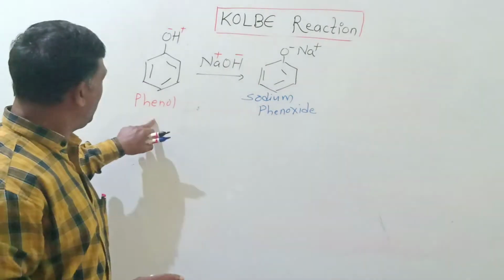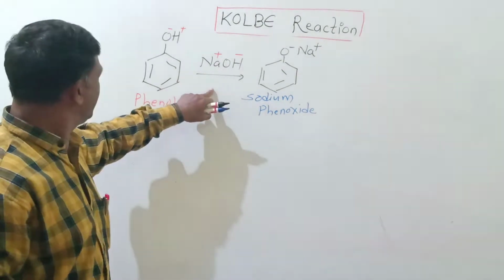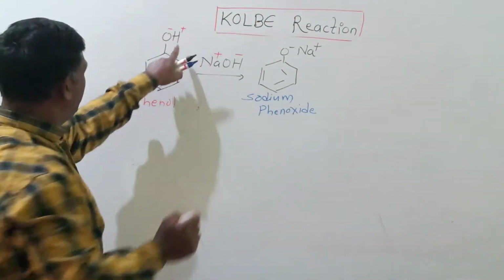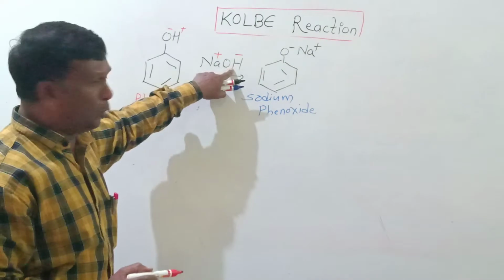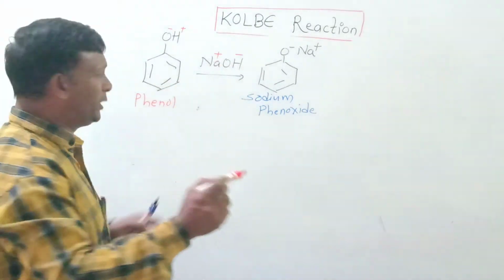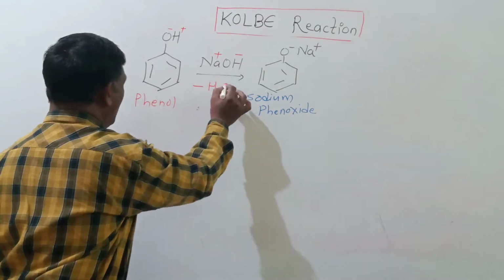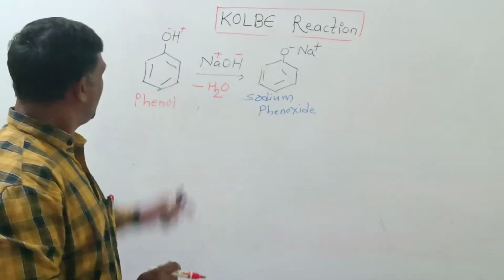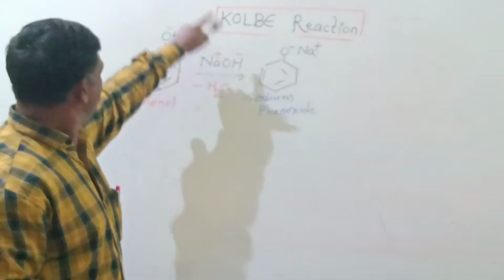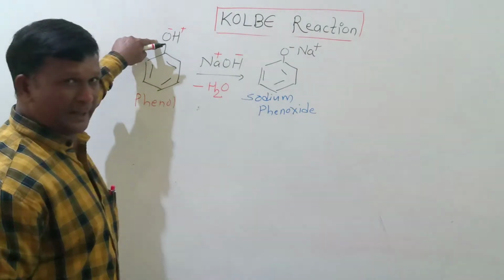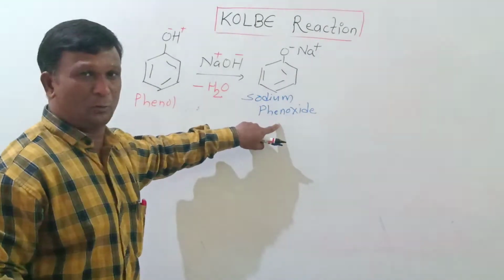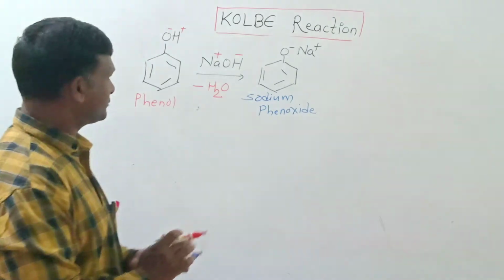So when phenol is treated with sodium hydroxide, this H plus ion and this OH minus combine together to form a water molecule which is liberated in this reaction. This sodium then combines with this O negative to form sodium phenoxide.